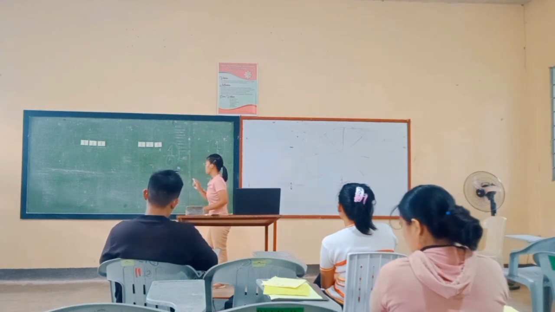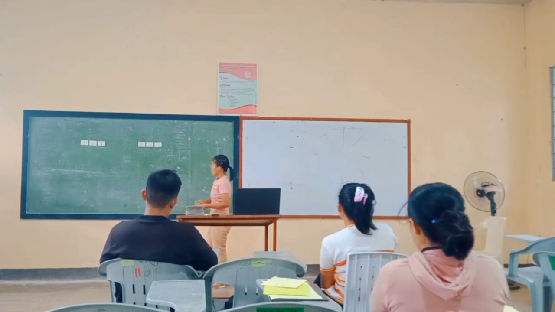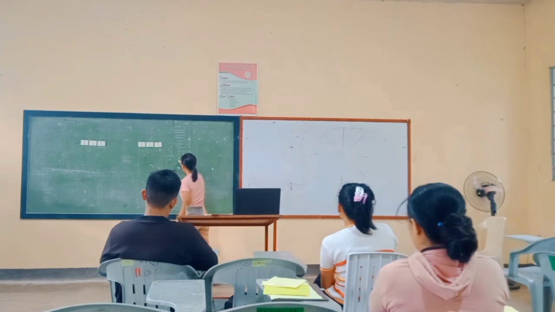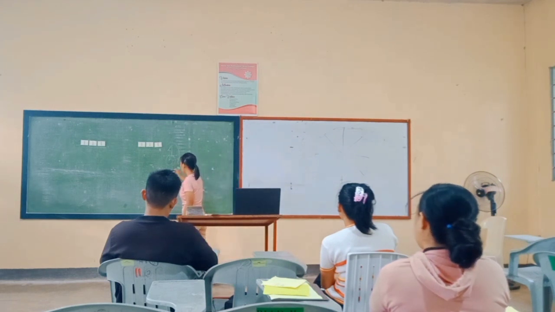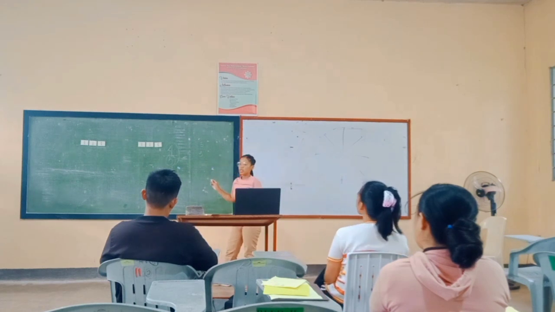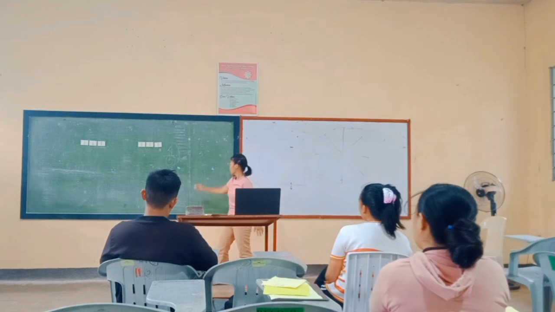In order to make similar fractions, we need to find the multiples of these two denominators. When we say multiples, these are the numbers that we get when we multiply.